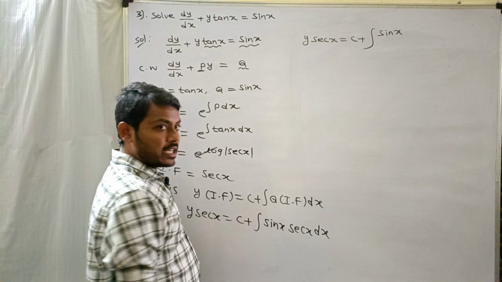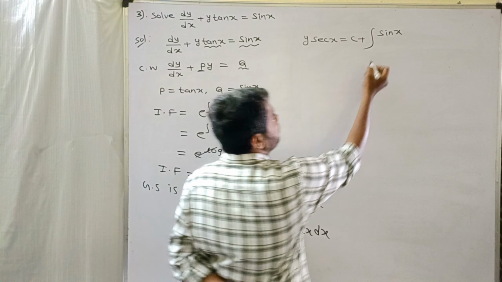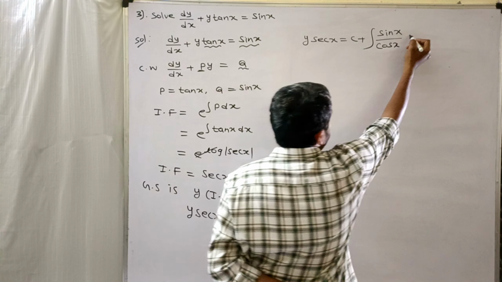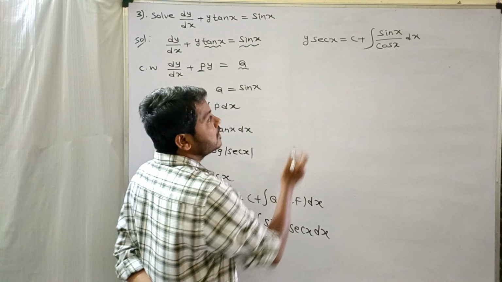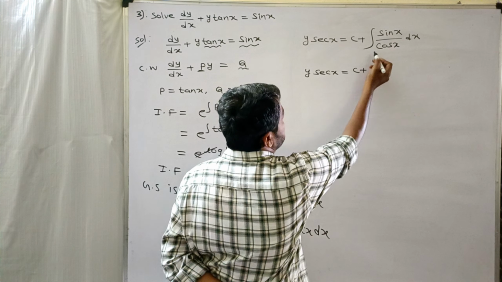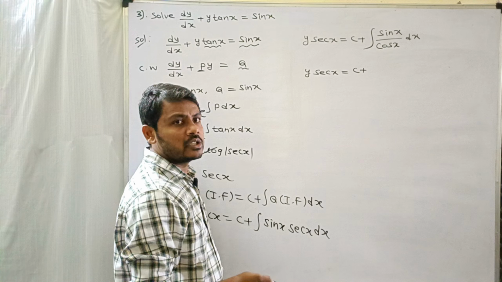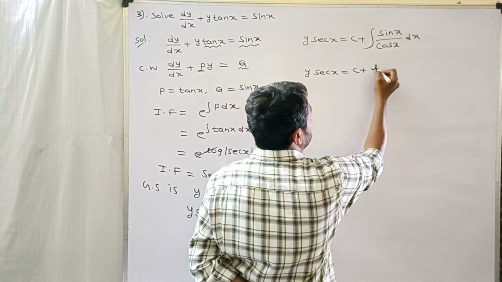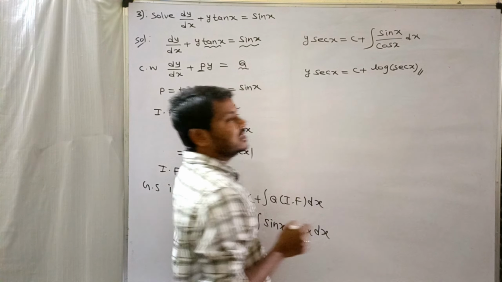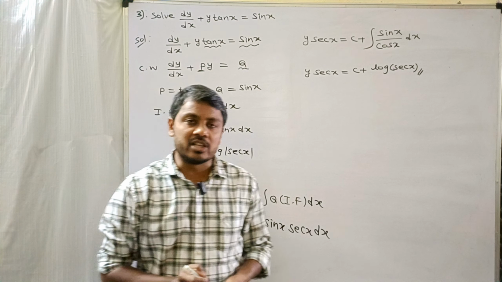Secant x can be written as 1 by cos x, that is sin x by cos x dx. So y secant x equals c plus integration of tan x. Integration of tan x is what? Log secant x. So this is the general solution for the given differential equation.